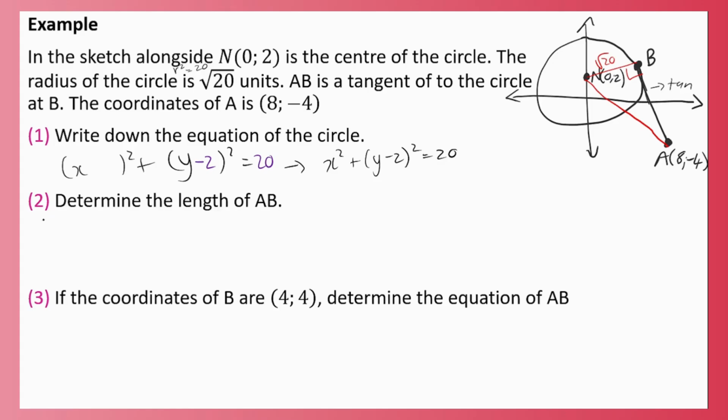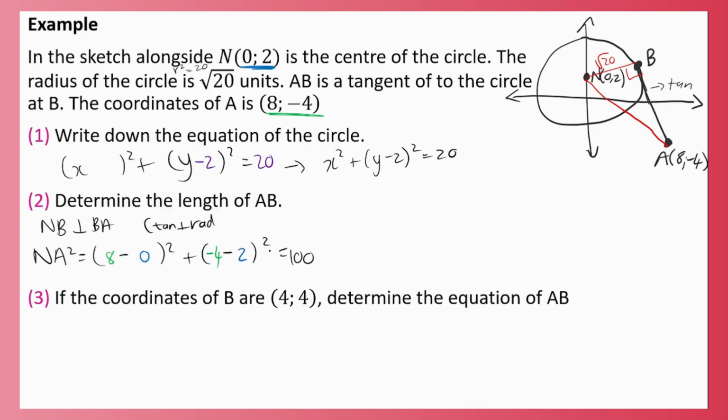So we're just going to quickly say that NB is perpendicular to BA, reason: tangent perpendicular to radius. Then we can go find the length of NA, just substitute into your distance formula. But it's actually nice to find NA squared because that's what we're going to use for Pythagoras. So you'll get NA squared as 100.